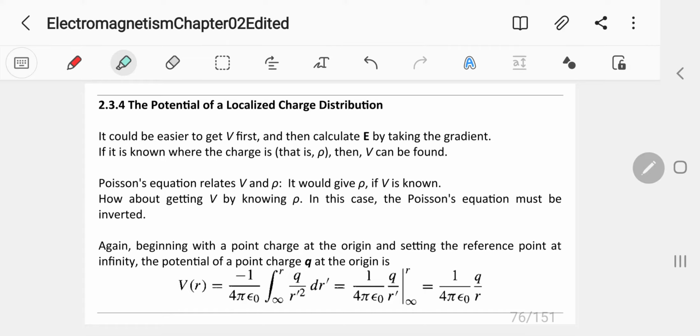Again, beginning with a point charge at the origin and setting the reference point at infinity, the potential of a point charge Q at the origin is given previously by this one.